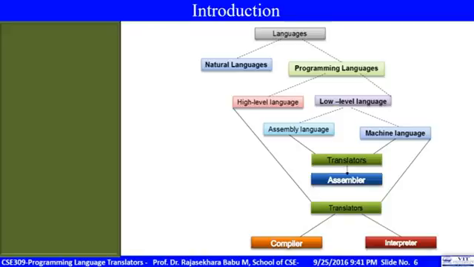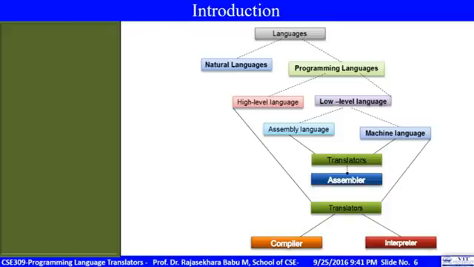Generally the machine understands only machine language, which is in the form of zeros and ones, called binary language. But as I told you, it is very difficult to remember, and very difficult to keep track of the addresses of these instructions. Because of that, we move to the assembly language.